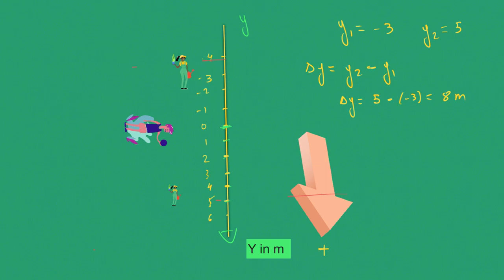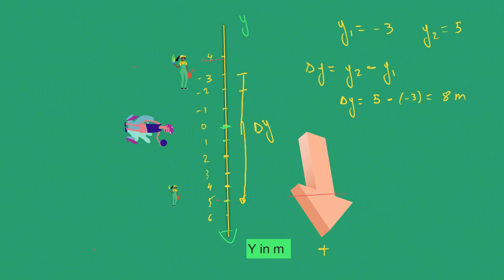Let's say that we analyze the same problem as before. y1 was minus 3, so the object was here at minus 3. y2 equal 5, so the object finally is here at y2 equal 5. What is the displacement? The displacement is from the initial position to the final position. This is delta y.